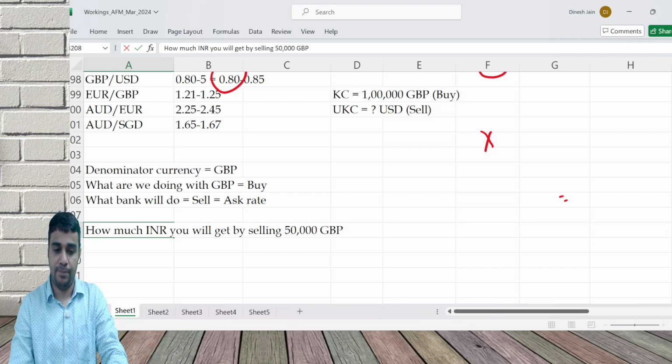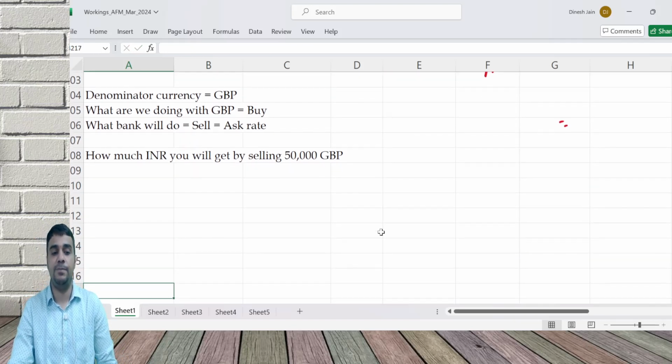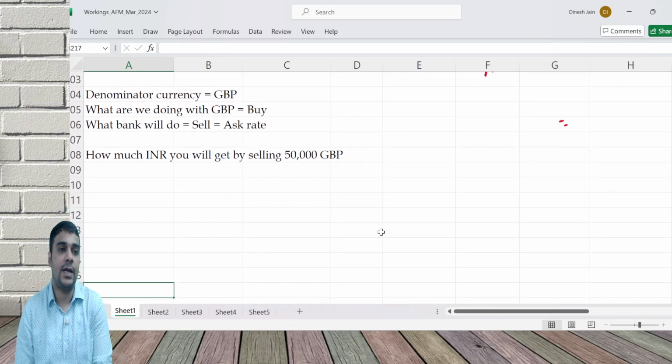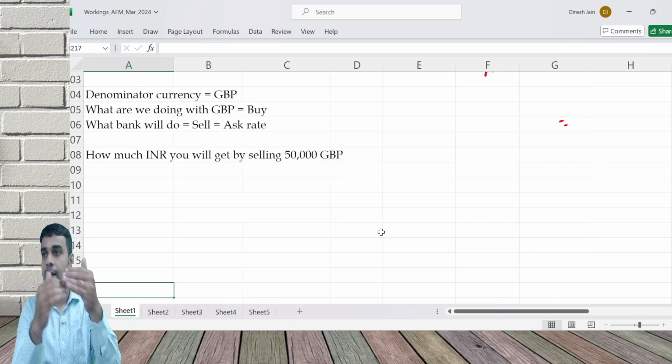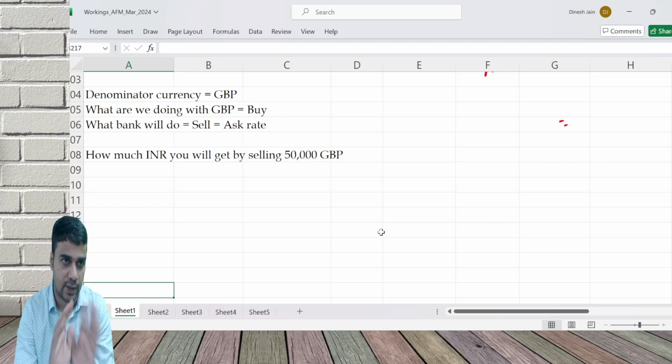How much INR will you get by selling 50,000 GBP? This is the requirement. Very simple requirement. Let's start step by step. We'll do it together. You will also write along with me.